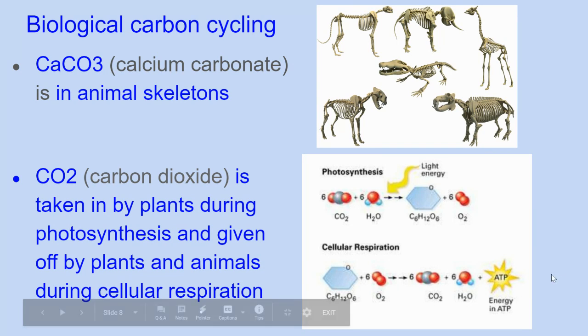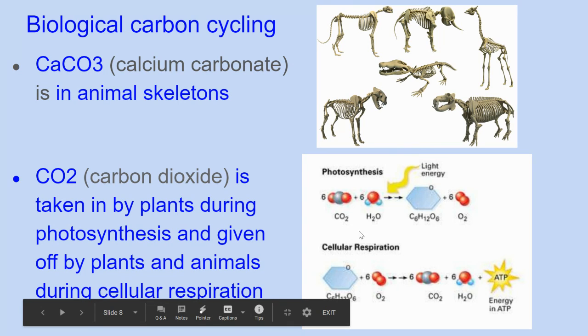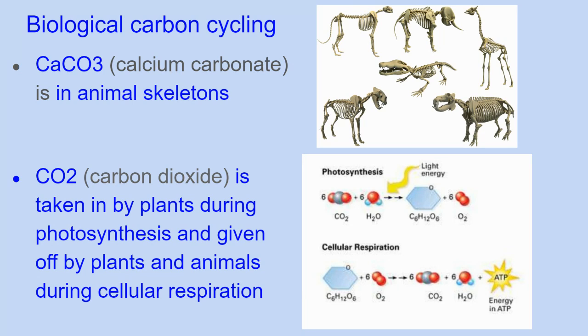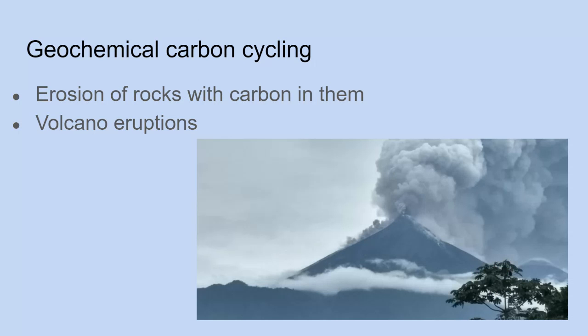So in photosynthesis and respiration, carbon goes from a gas to a sugar, and then in respiration from a sugar to a gas. And so that cycles carbon over and over and over again on our planet. And if you think about it, it is technically possible that when you eat something right now, today, you could be eating a molecule of carbon that was eaten by a dinosaur millions of years ago. Kind of neat.